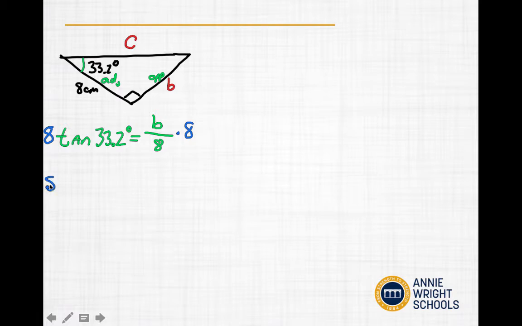When I do that, I get 8 times the tangent of 33.2 equals B. I now just use my calculator and I find out that the tangent of 33.2 times 8 is about equal to 5.235.